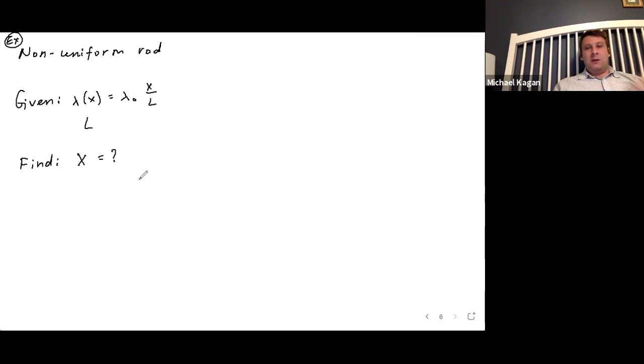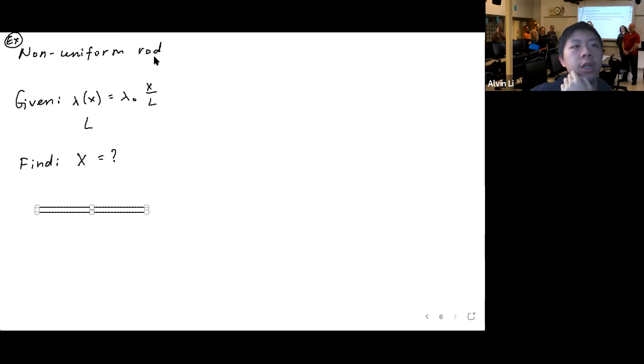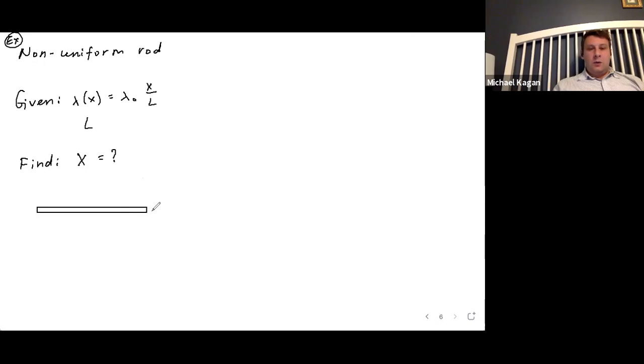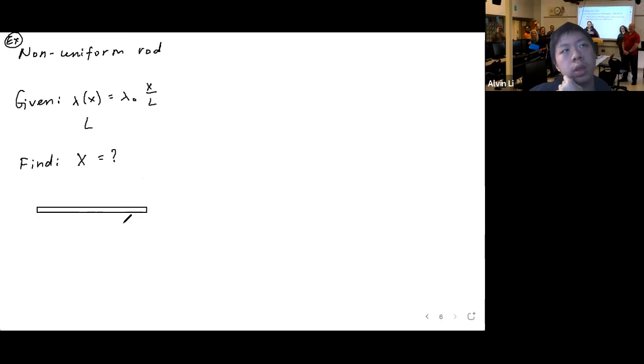Before we do the integrals, what do you guys expect? Roughly, where on the rod will the center of mass be? It's going to be skewed to the right, toward the heavier end, right? Because this density is increasing.